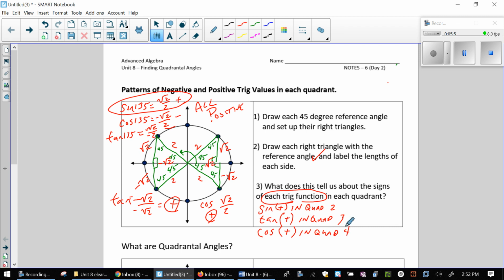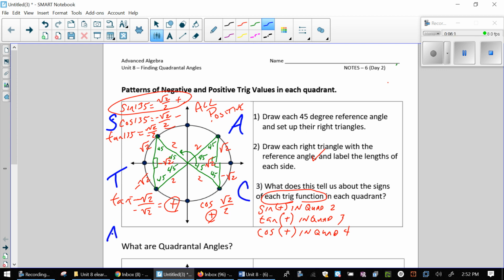Okay, now there's a couple different acronyms and ways to remember this. The way I remember from high school is my teacher said, starting quadrant 1, that if you remember your signs, then you have a smart trig class.